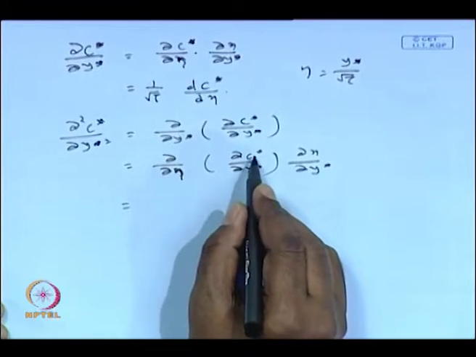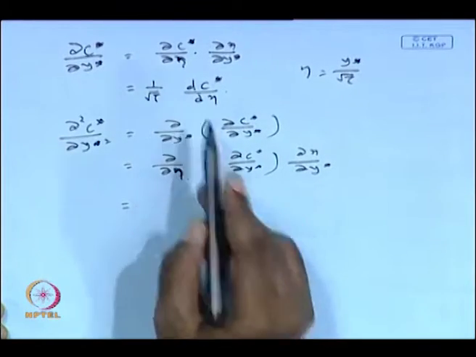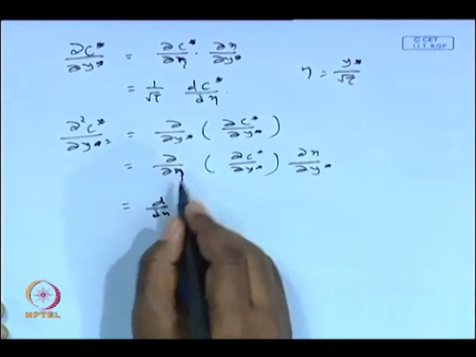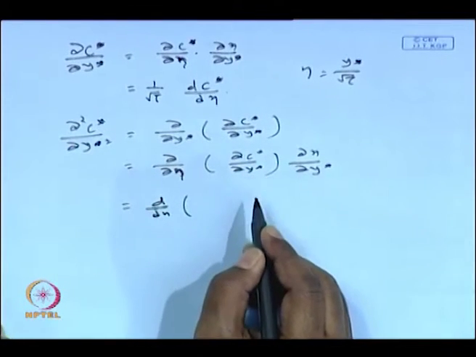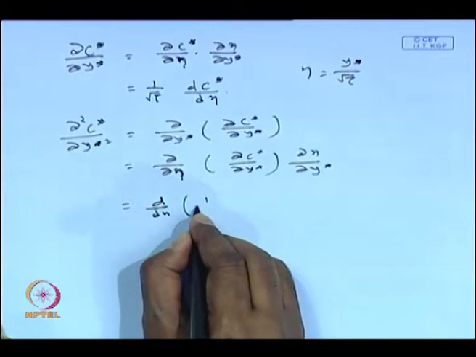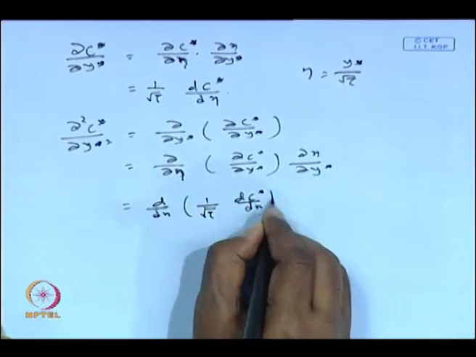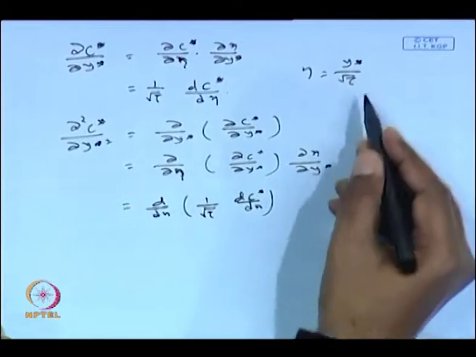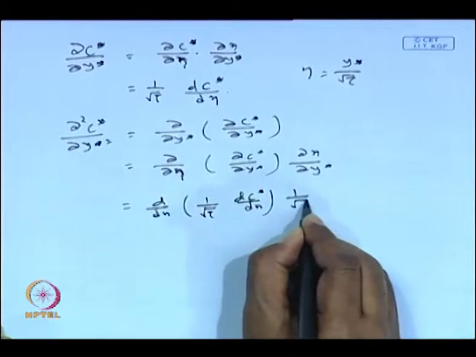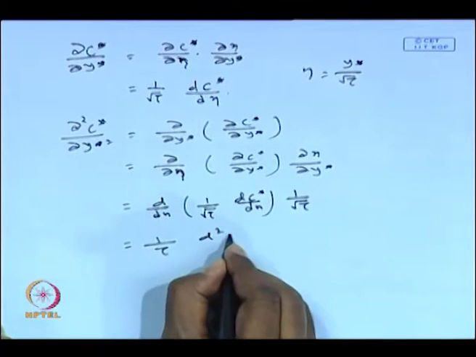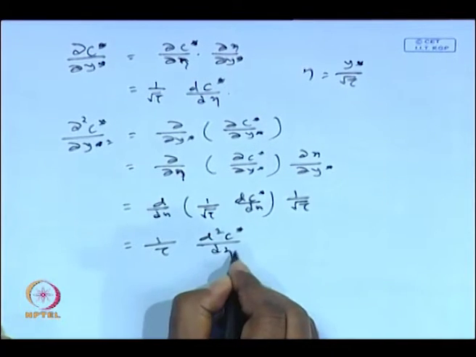And what is this ∂c*/∂y*? It is already expressed in terms of dc*/dη. So, this becomes a total derivative d/dη, because concentration is now a sole function of η. So, this will be (1/√τ) dc*/dη, and ∂η/∂y* will be again 1 by √τ. So, this becomes 1/τ d²c*/dη².